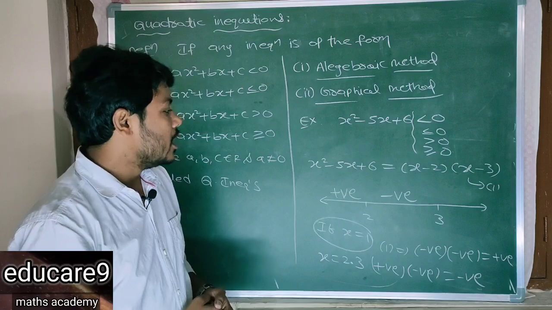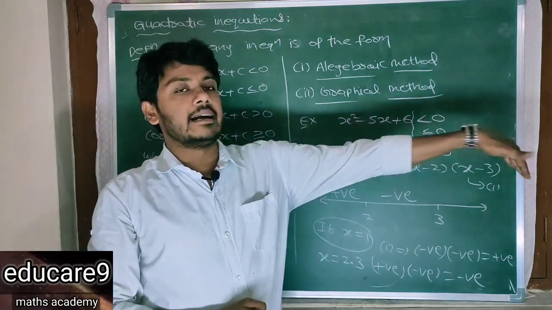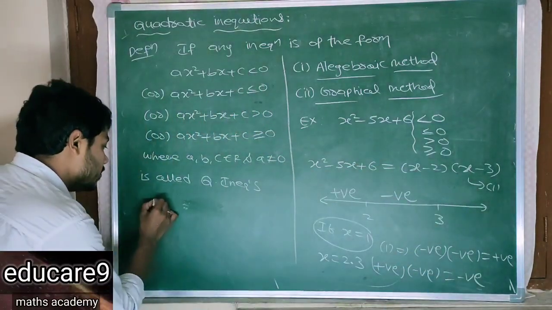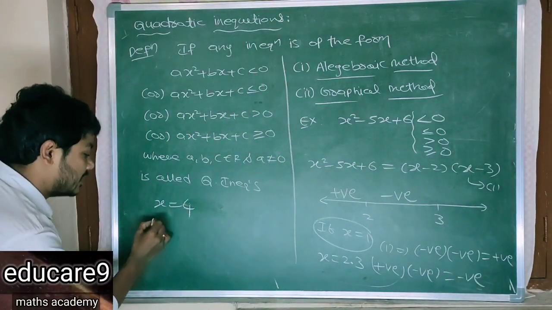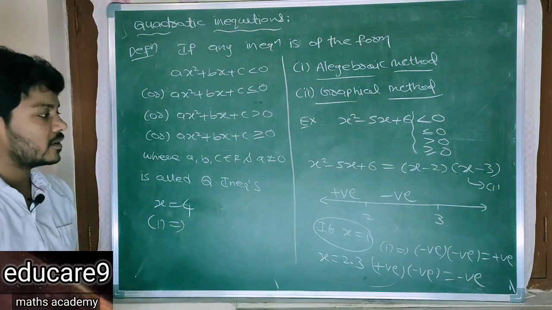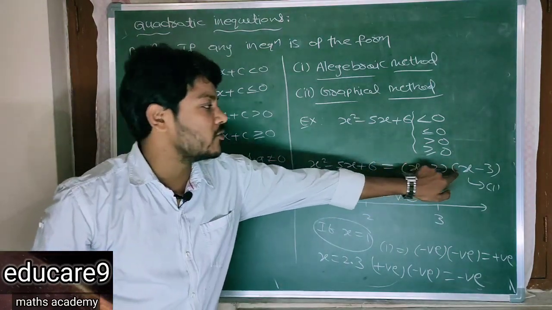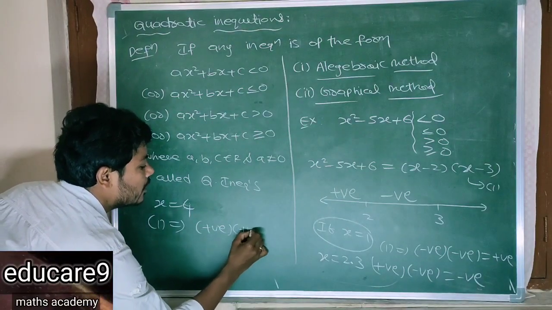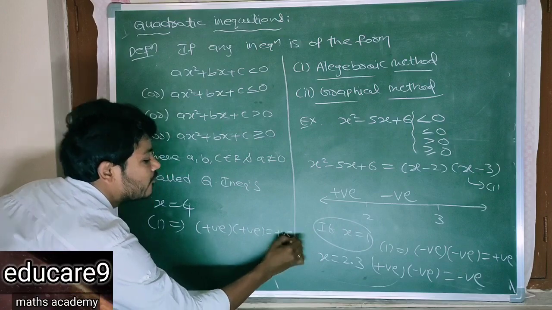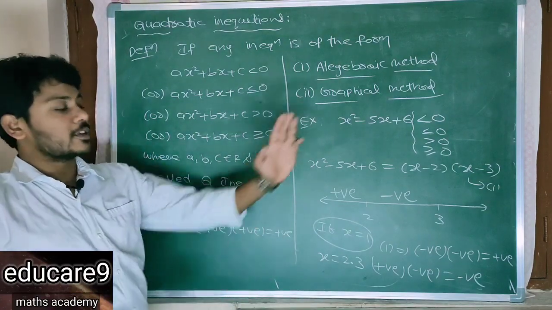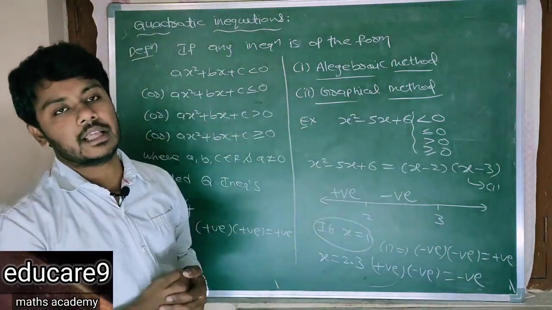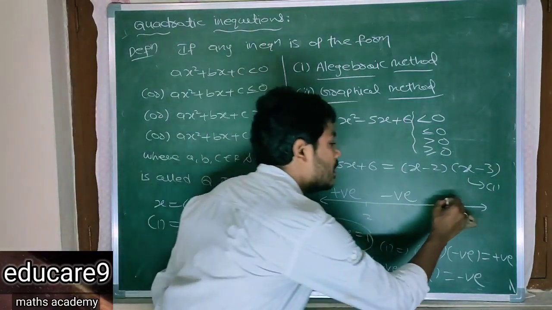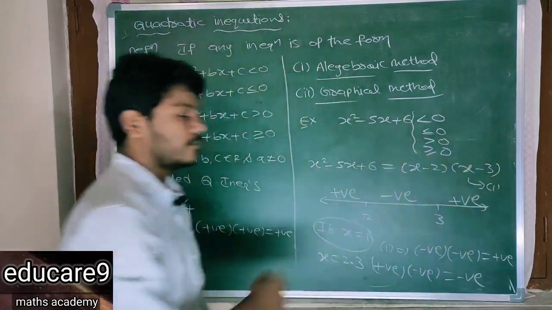Next, if you substitute values of x greater than 3, for example x equals 4, then 4 minus 2 is positive and 4 minus 3 is positive, so positive into positive gives a positive sign. For x greater than 3, the expression is positive.